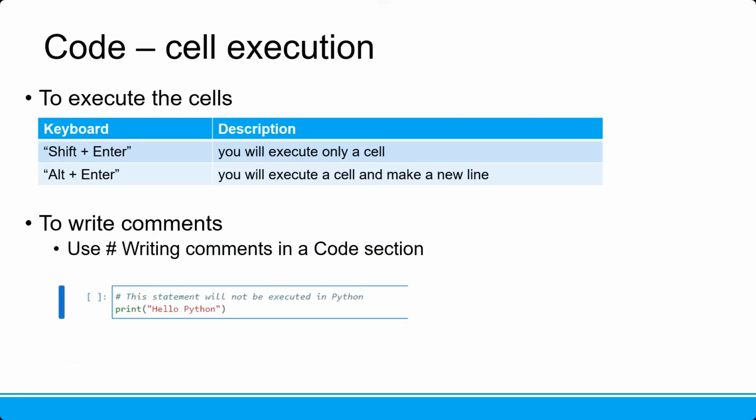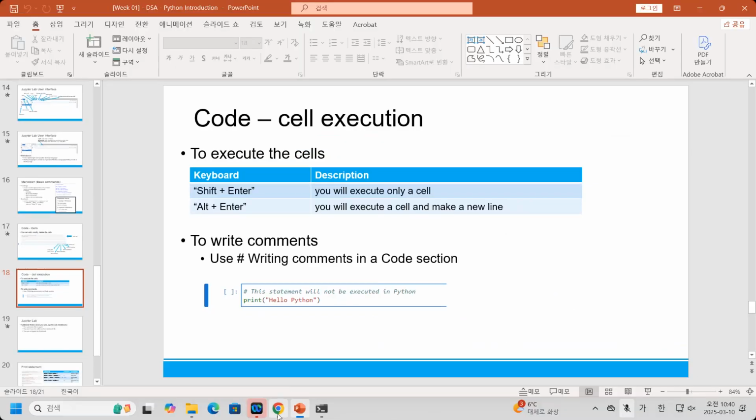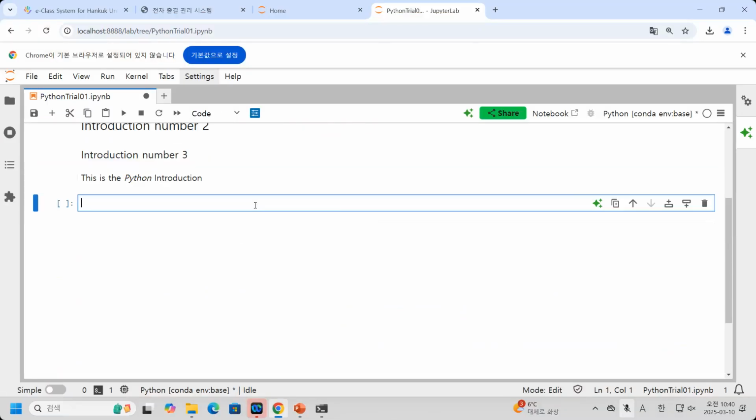When you do the execution, as a programmer, I think you need to know about the shortcuts. For example, I want to do this print Python. So how can we do the code execution? If we execute the code, we need to press this one.